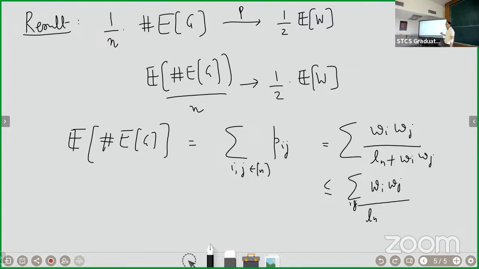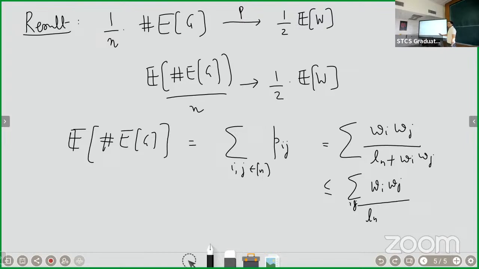This can be bounded, or rather is equal to some function of l_n. This is equal to l_n, this is equal to l_n square. It's not obvious to look at it the first time.